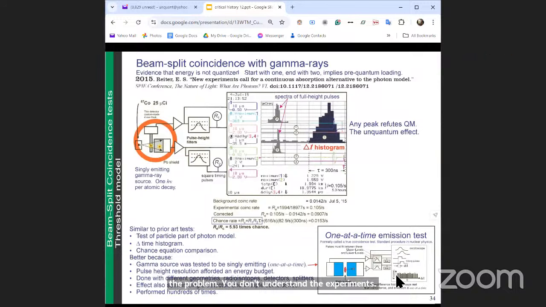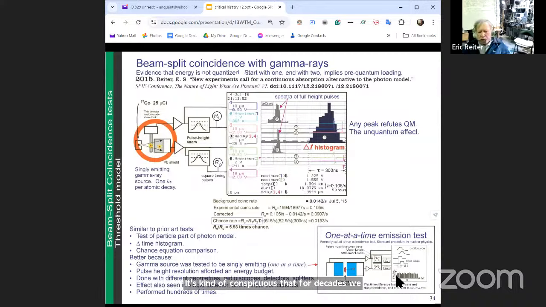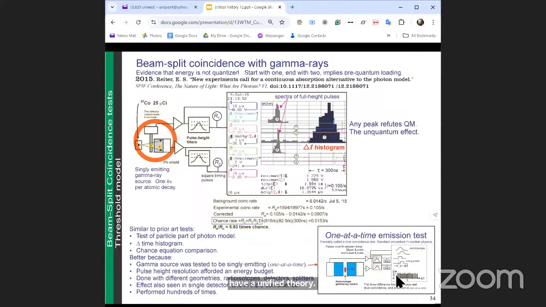If I could interject just for a moment, even in areas like particle physics, the weak force, the strong force, it's kind of conspicuous that for decades we still don't have a unified grand theory of particle physics. Maybe there is no such theory. Do you mean about gravity? No, not even that. Gravity is the hard one.